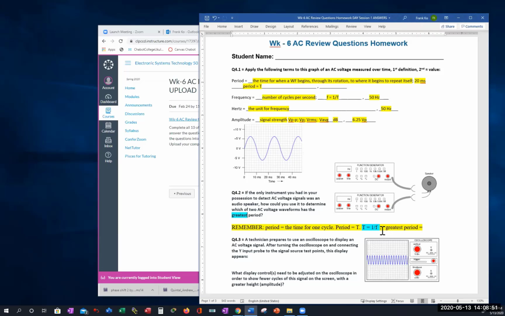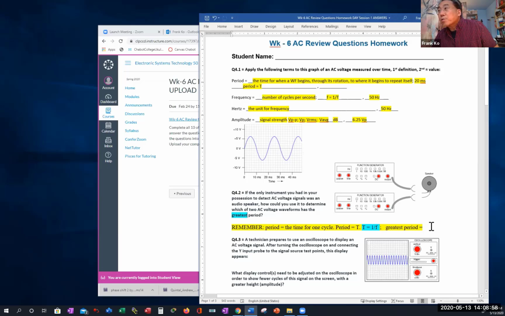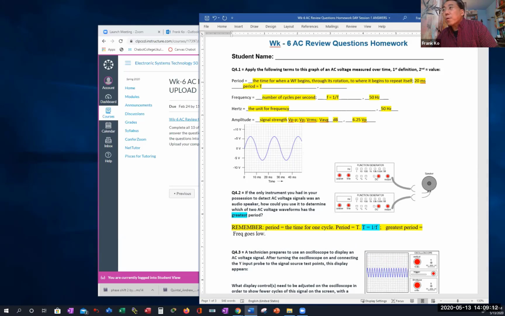So the frequency will have to be low. Okay. So if the period goes high, that means your frequency goes low.